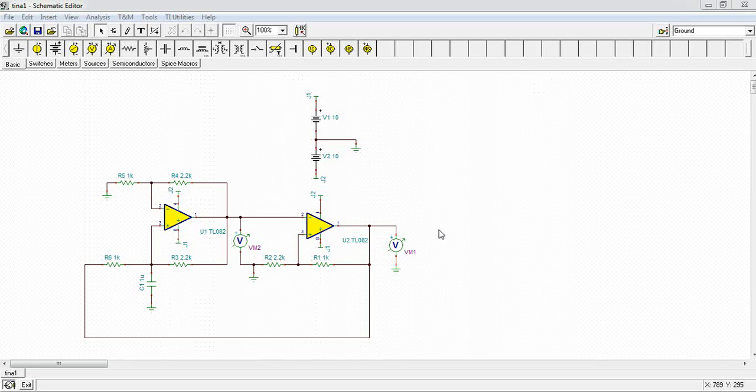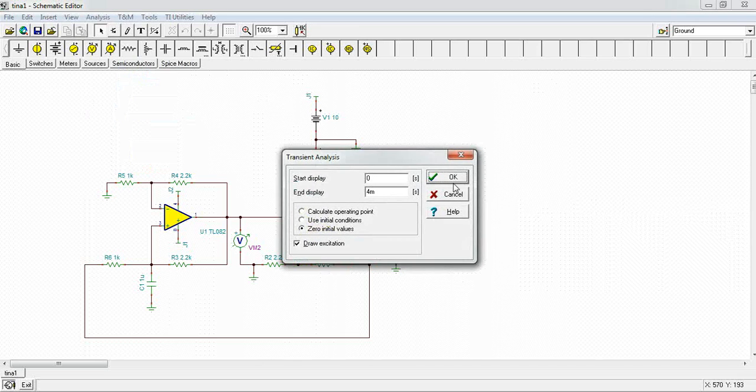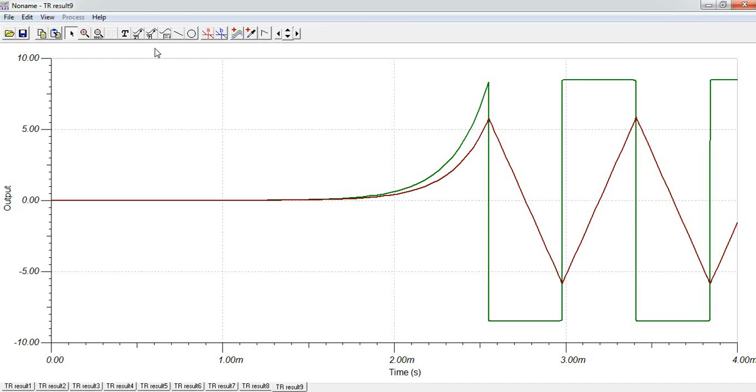Hi, this is the simulation of part 1 of our problem statement. I will now show you the transient response. I'll place the cursor so that you become clear about the peak-to-peak values.